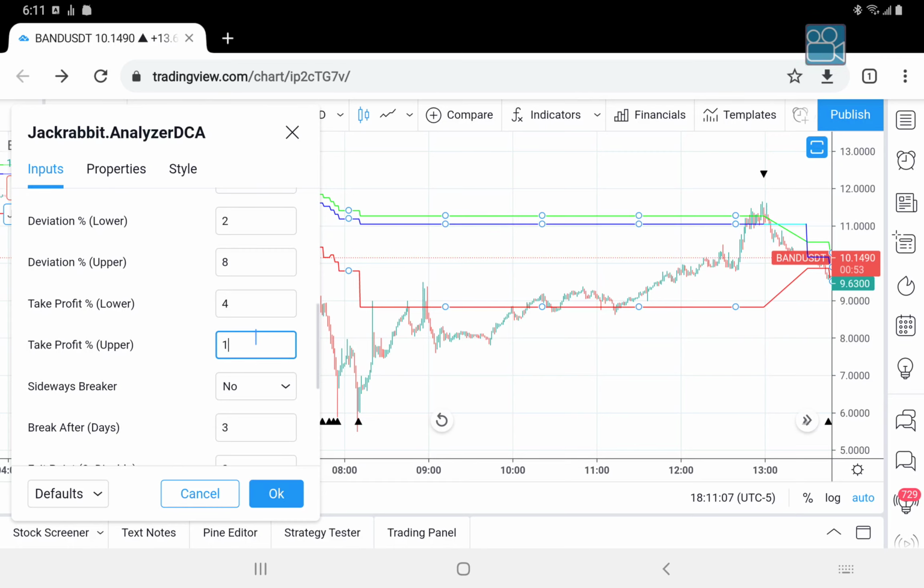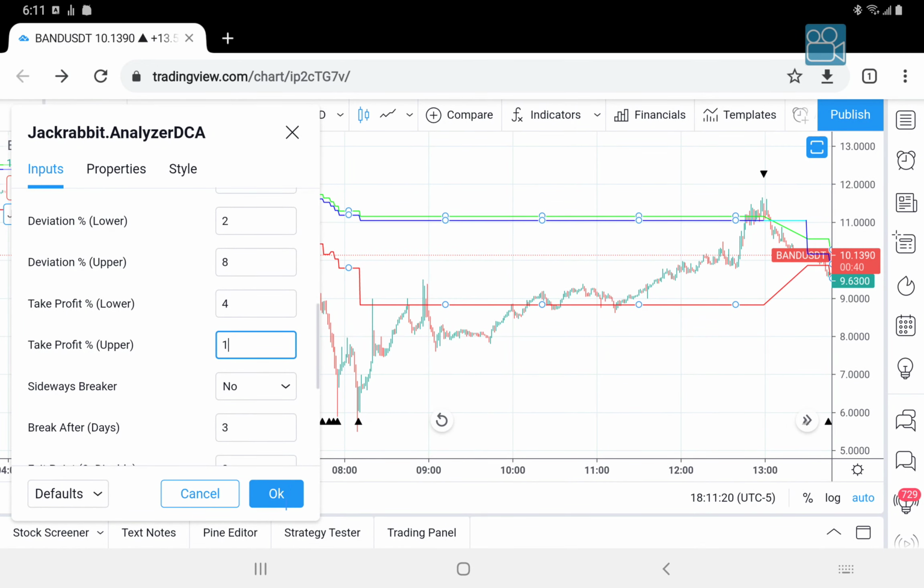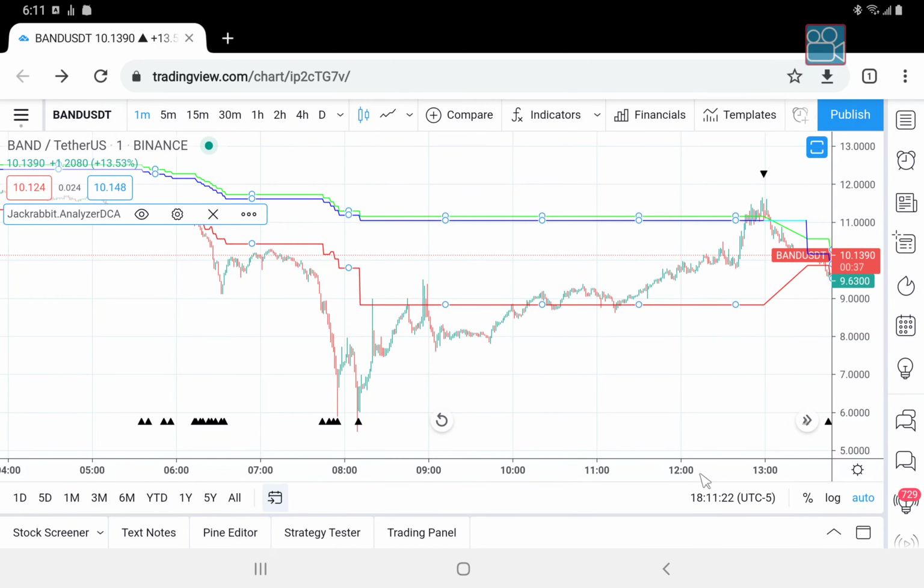So if I start accumulating a lot of purchases, I simply am looking to get out at this point because I've taken on too much. So now let's see what this is going to look like in the end.